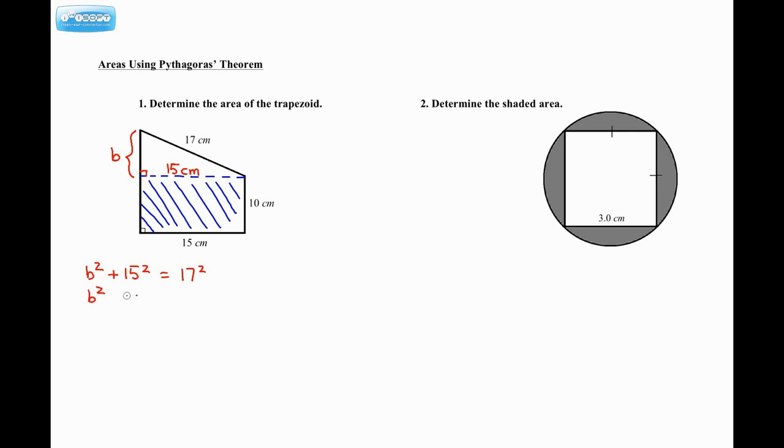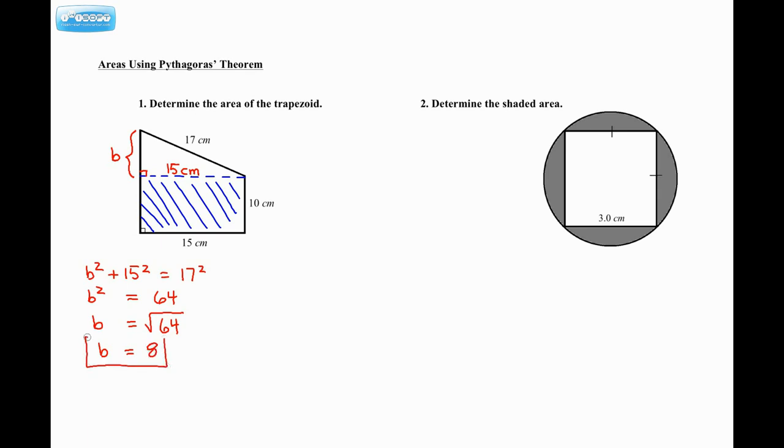If you subtract it from both sides, you're going to get 64. That's actually a very nice number because to find b, I just take the square root of 64. 64 is a perfect square. So I get a very nice answer of 8.